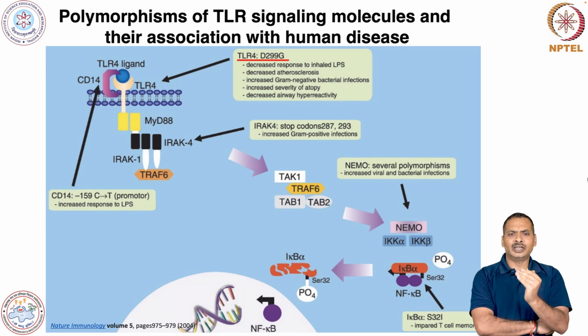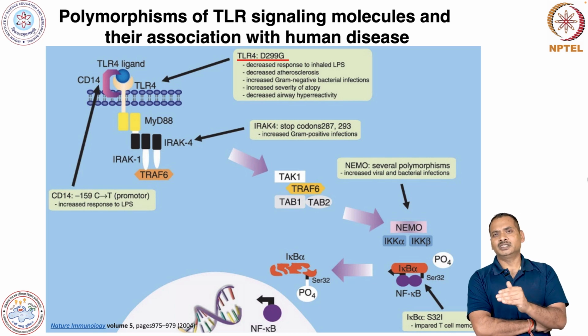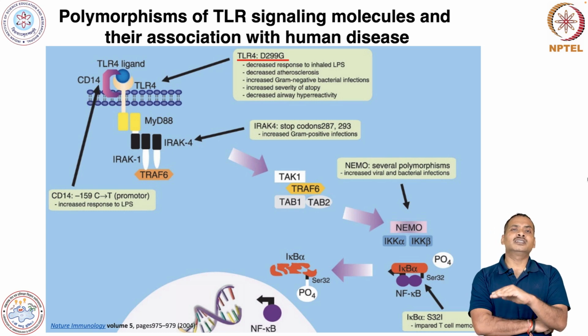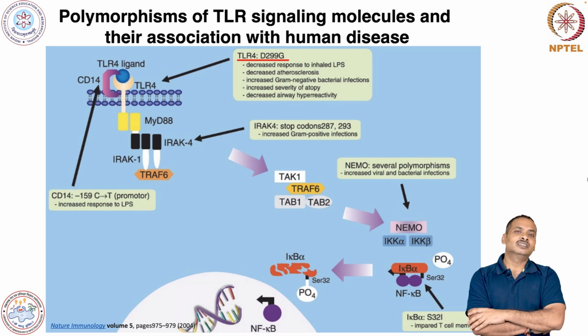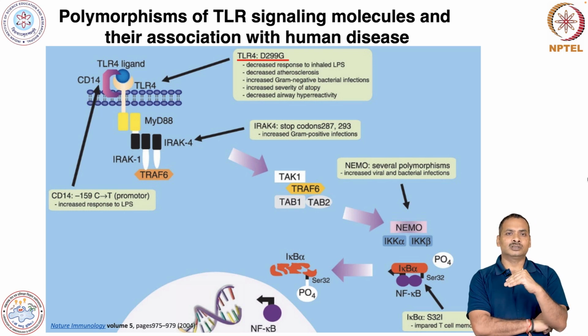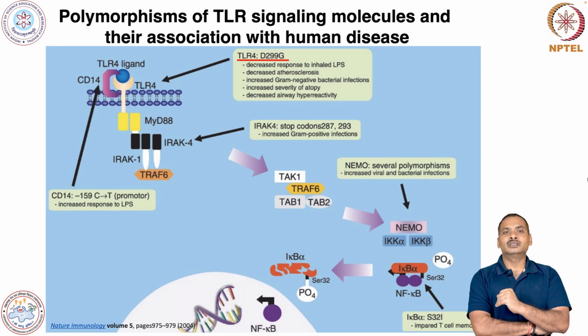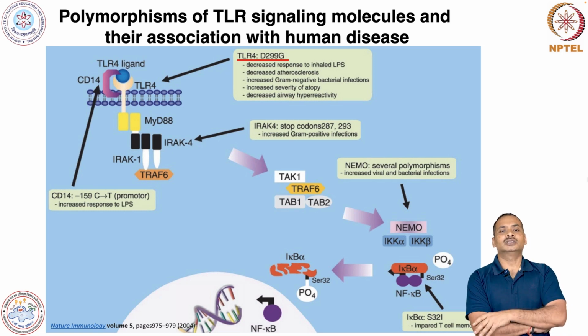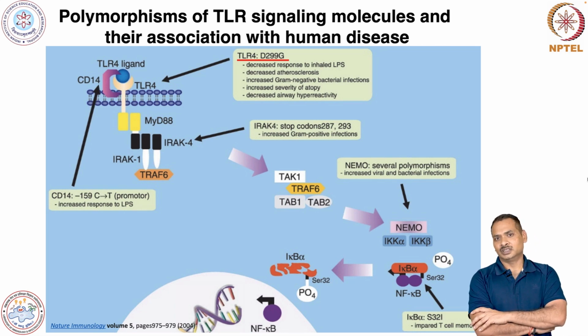Increased gram negative bacterial infection. You can understand that if there is less response from this TLR mediated signaling, then that will increase the possibility of multiplication of gram negative bacteria. It is quite obvious. So, if this mutation is there, there is a possibility that the individual is susceptible to gram negative bacterial infection.